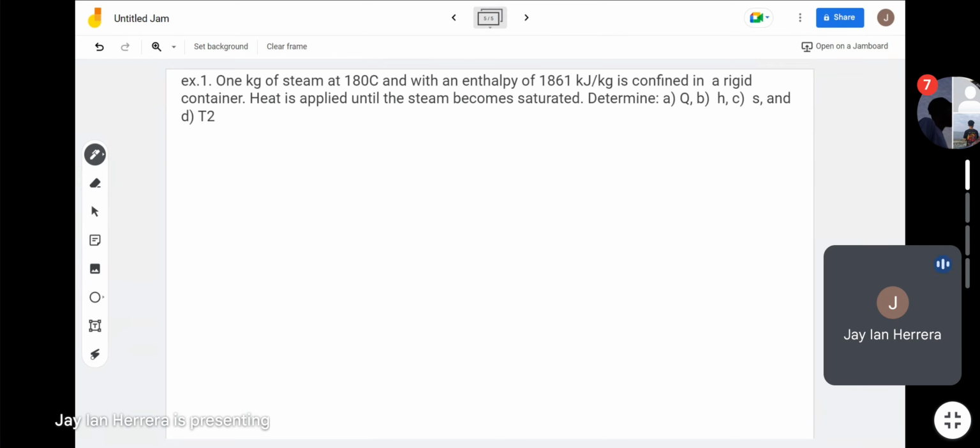So it will become saturated vapor. Let's draw the PV and TS diagrams first.